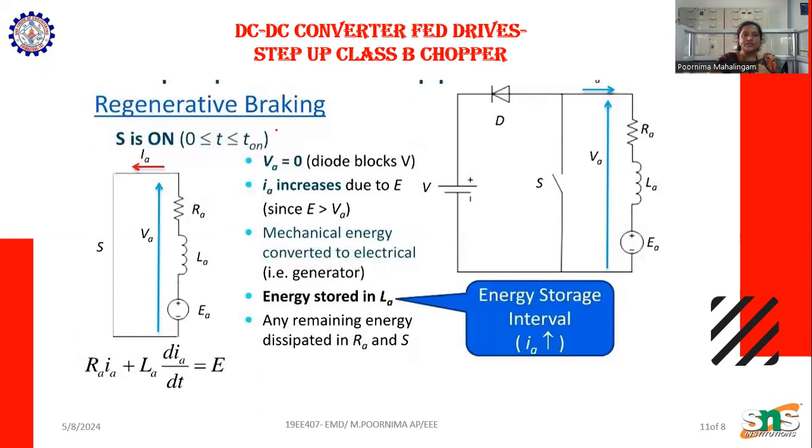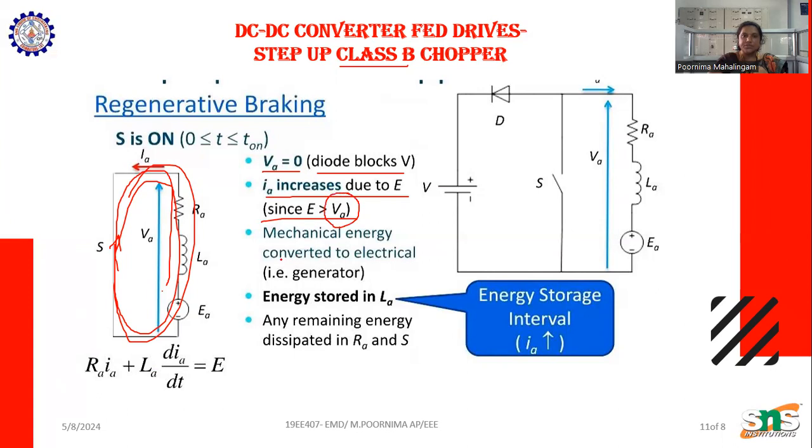Now coming to the regenerative braking process. In the first step, the switch is closed. When the switch is closed, what happens? The current from the motor goes back to the motor through a closed circuit. Here the armature voltage VA equals 0, the diode blocks, and the armature current increases due to the voltage E, since E is greater than VA.